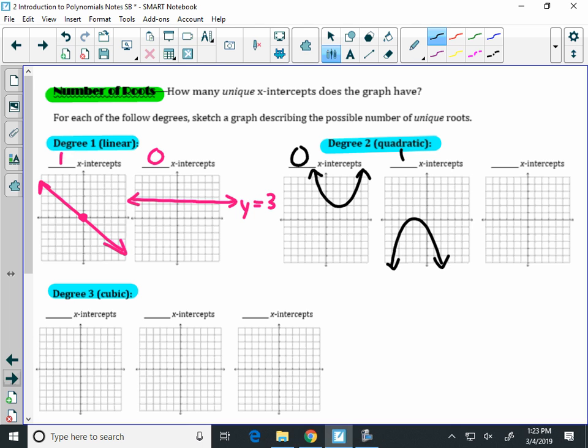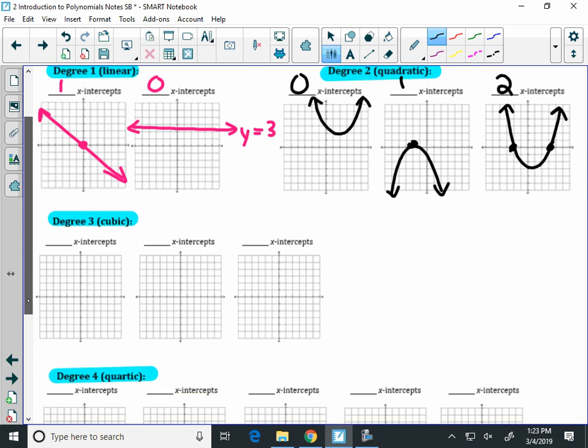Why do you bounce off the axis? Okay, so that has 1 X-intercept, or you could have 2 X-intercepts. So you come down through the axis and back through, right? Degree 3, cubic. What do you think?